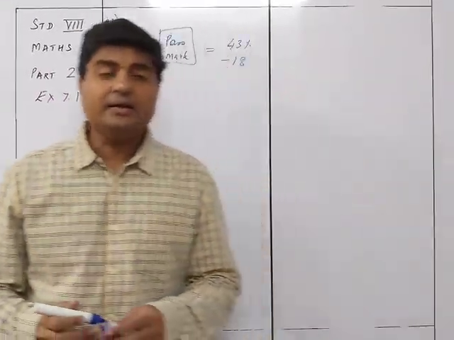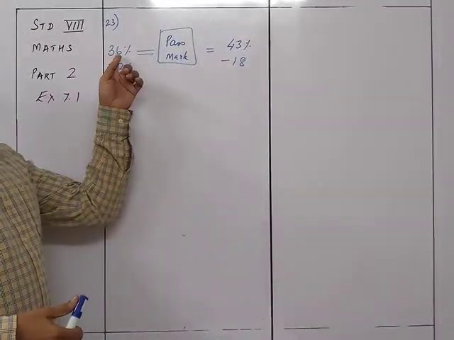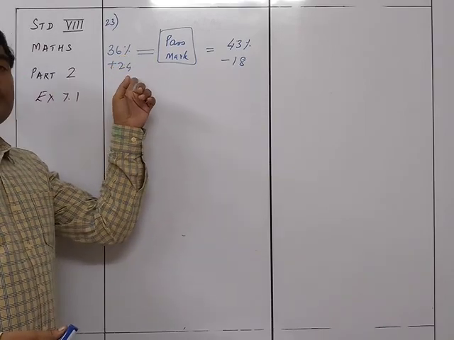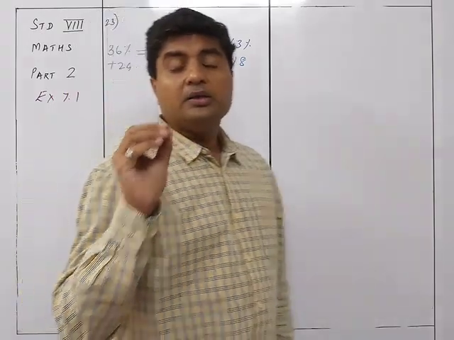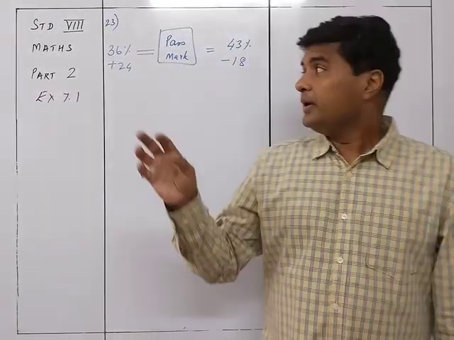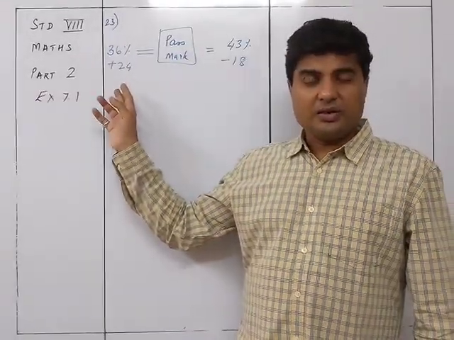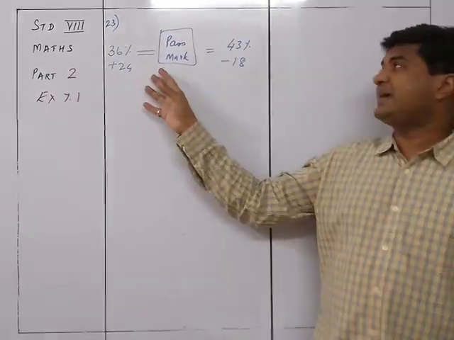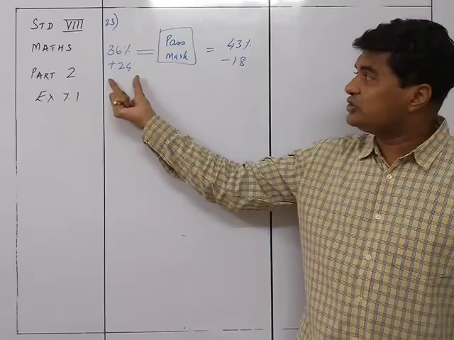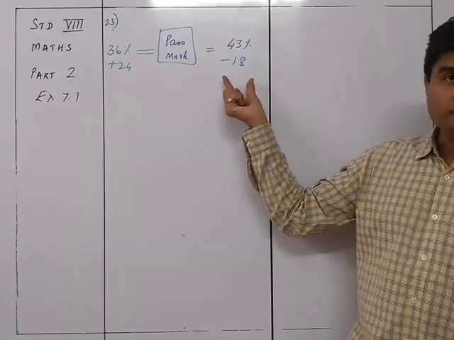How do we get this thing? It is given that the person who got 36%, he failed by 24 marks. Got it? And the person who got 43%, he got 18 marks more than the passing marks. So automatically this value is equal to this value.